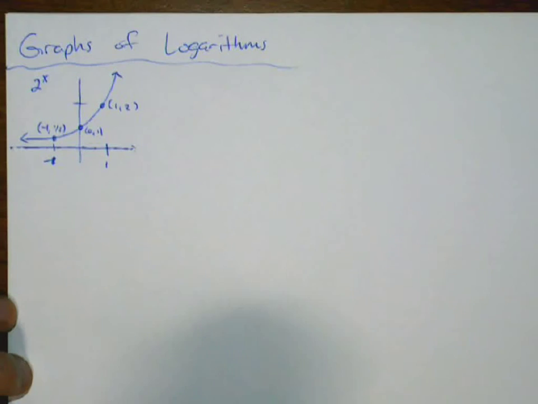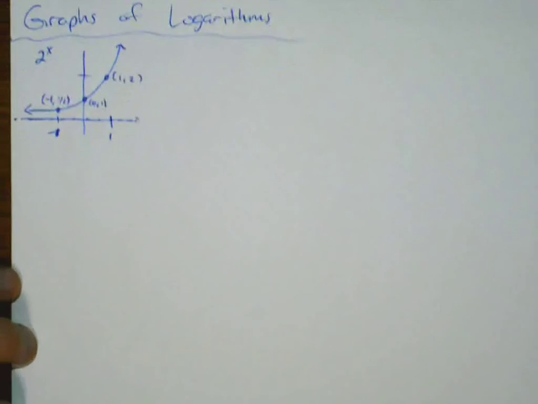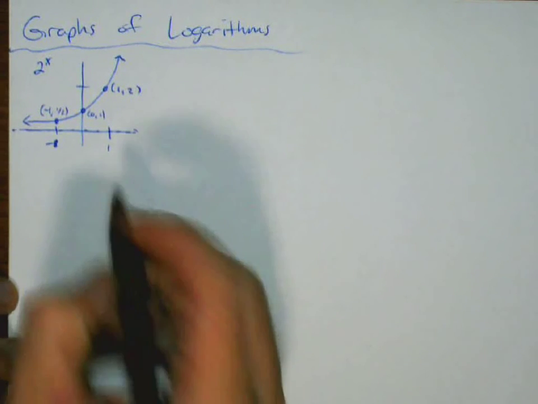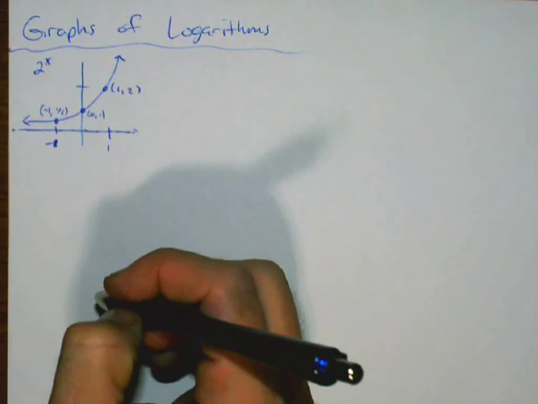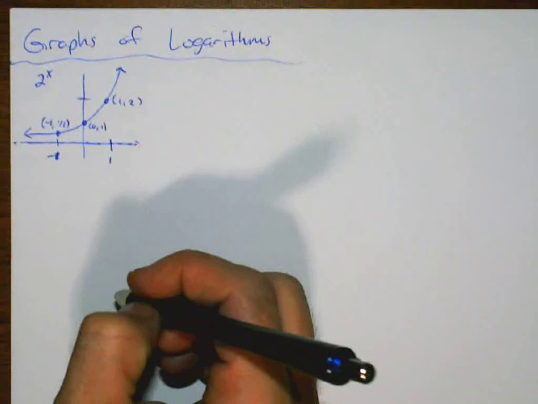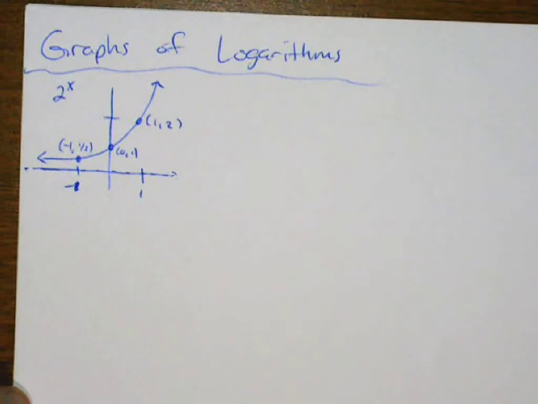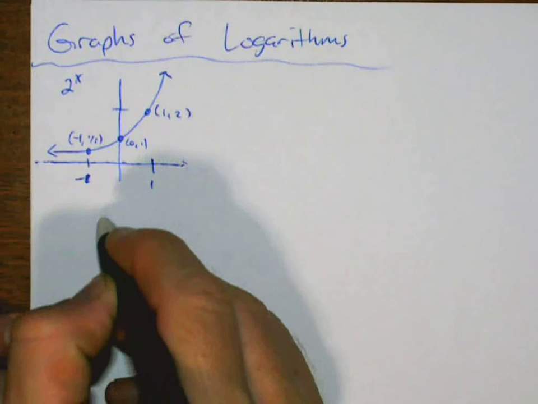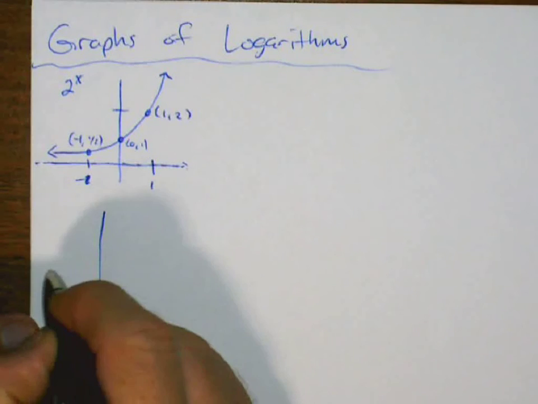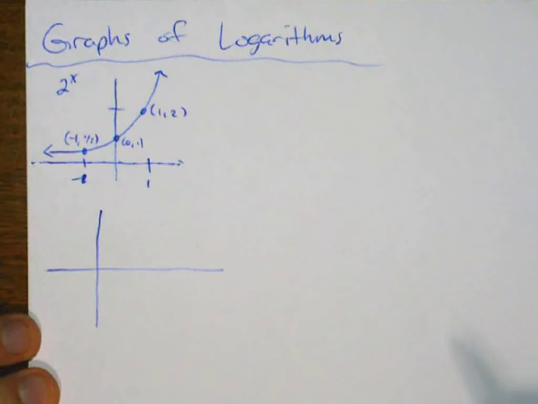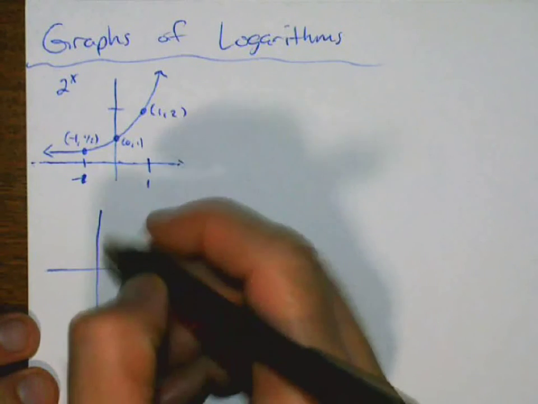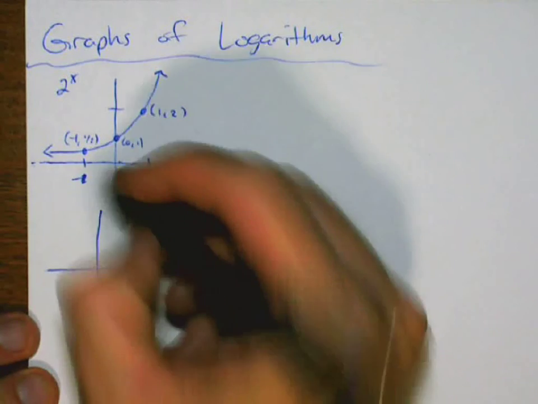Now, for the logarithmic, we are just going to swap x's and y's, because that's really what we did when we found inverses before. So if I create a new xy axis and just start swapping points: instead of a horizontal asymptote at 0, we have a vertical asymptote at 0.